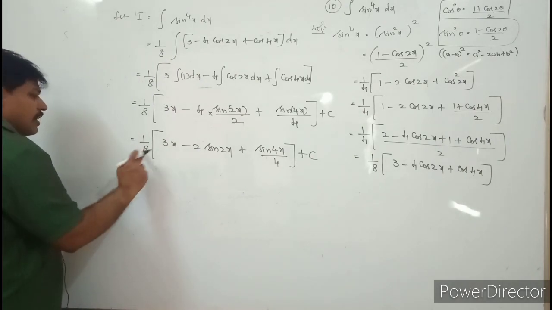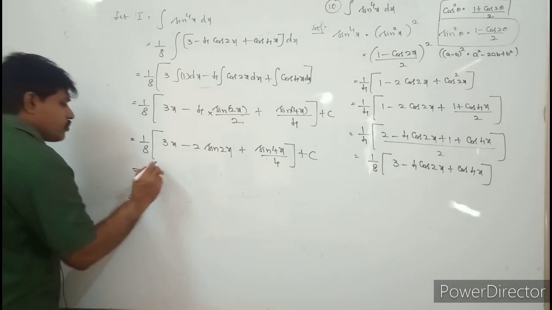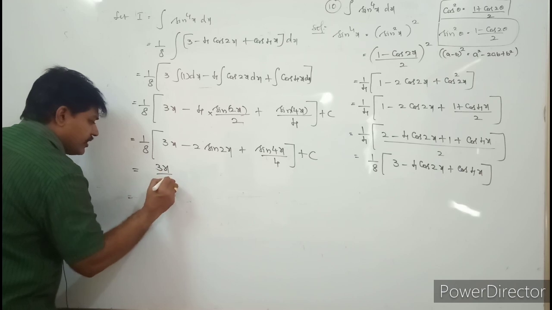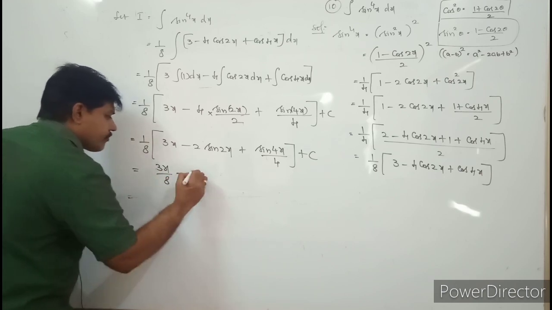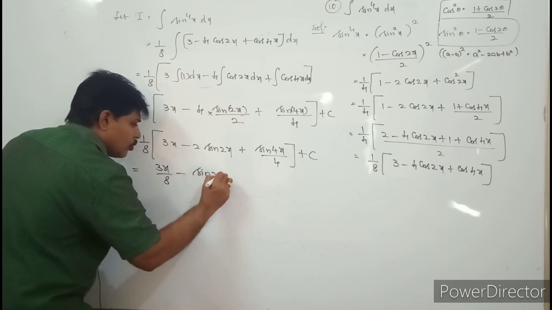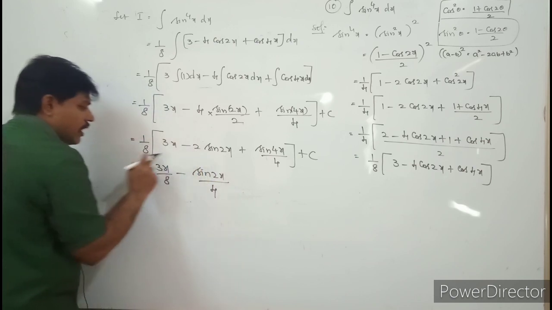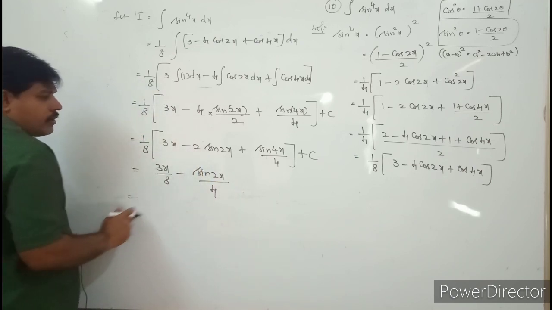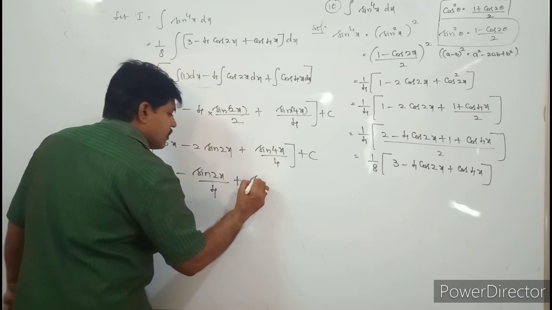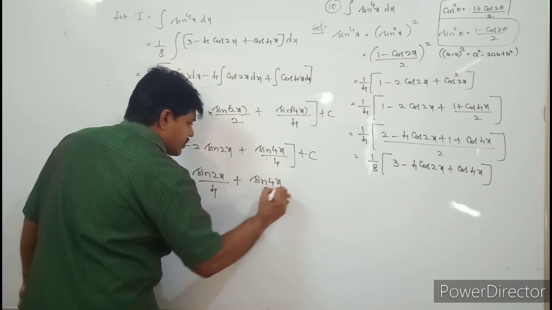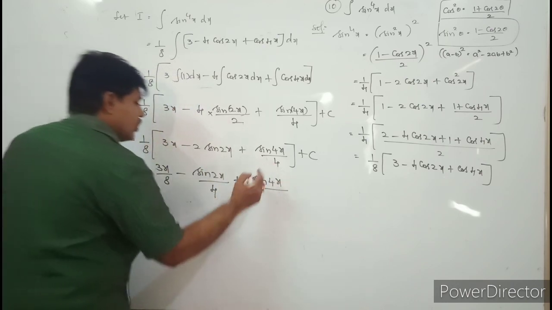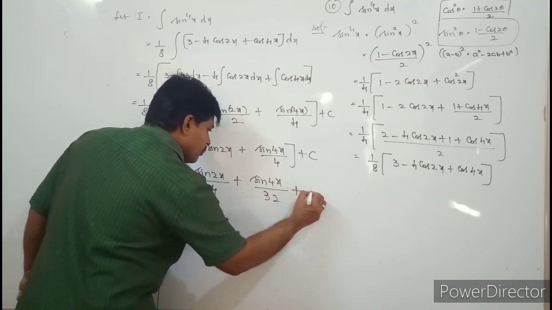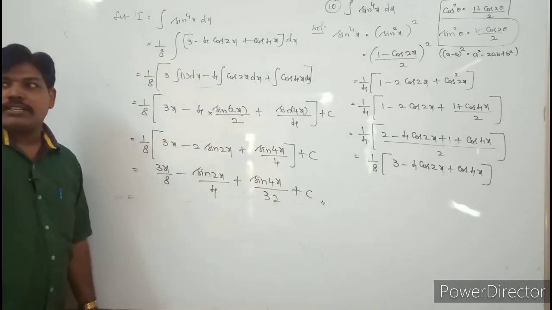If you multiply with 8, what happens? So see students, 3x by 8 minus sin 2x by 4, since 2 and 8 are cancelled, plus sin 4x by 8 into 4, that is nothing but 32, plus c.